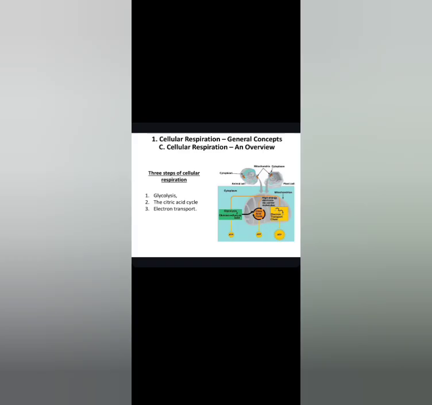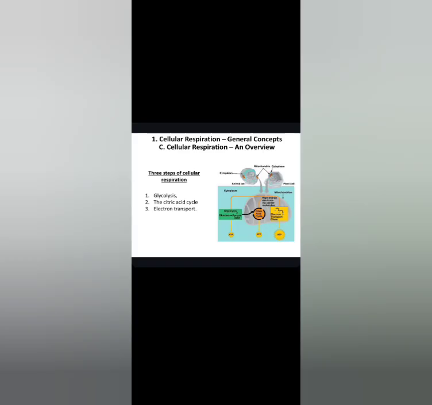At the end, you have 6 carbon dioxide as a waste or as a byproduct, 6 molecules of water, also a waste, and around 34 to 36 molecules of ATP. Of course, this is a very simplified overview.